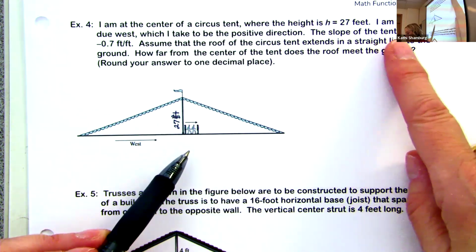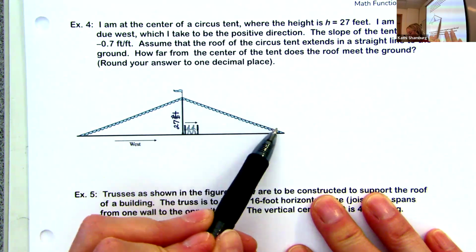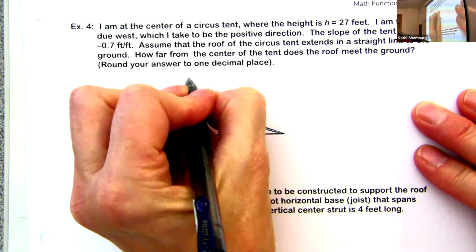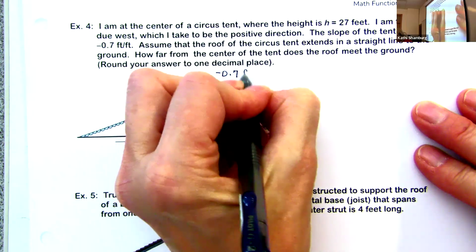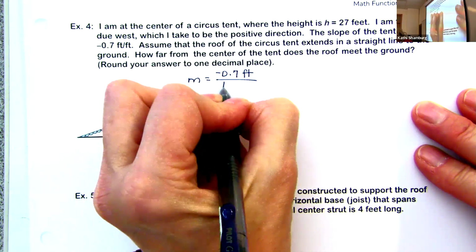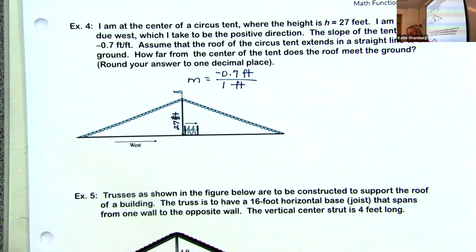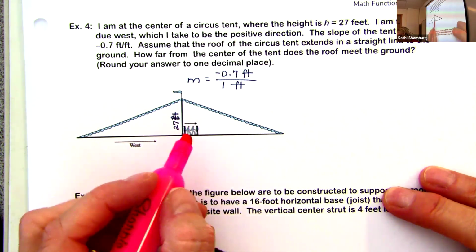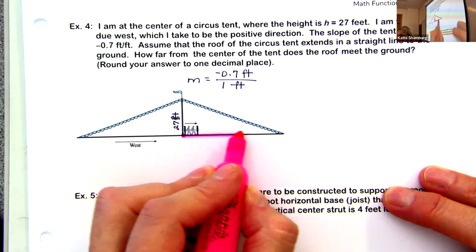The slope of the tent line, so this slope line right here, is negative 0.7 feet per 1 foot. How far from the center of the tent, that's right here, does the roof meet the ground?